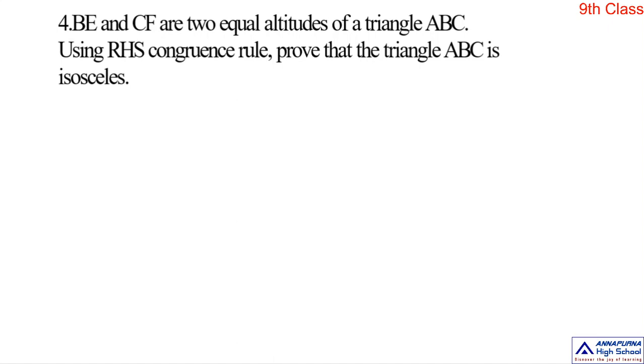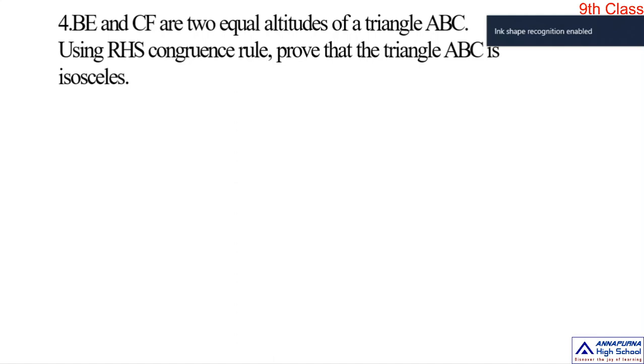Using the RHS congruence rule, only by using the RHS congruence rule, we have to prove that triangle ABC is isosceles.